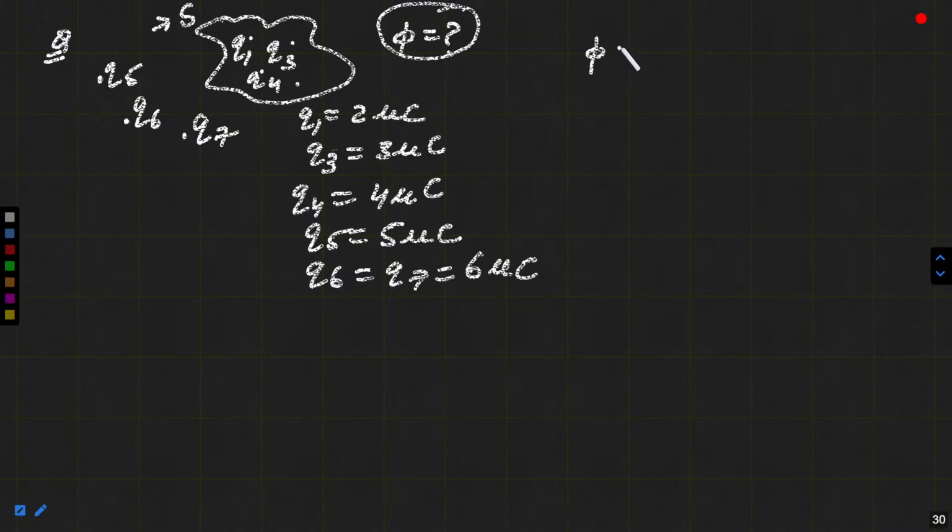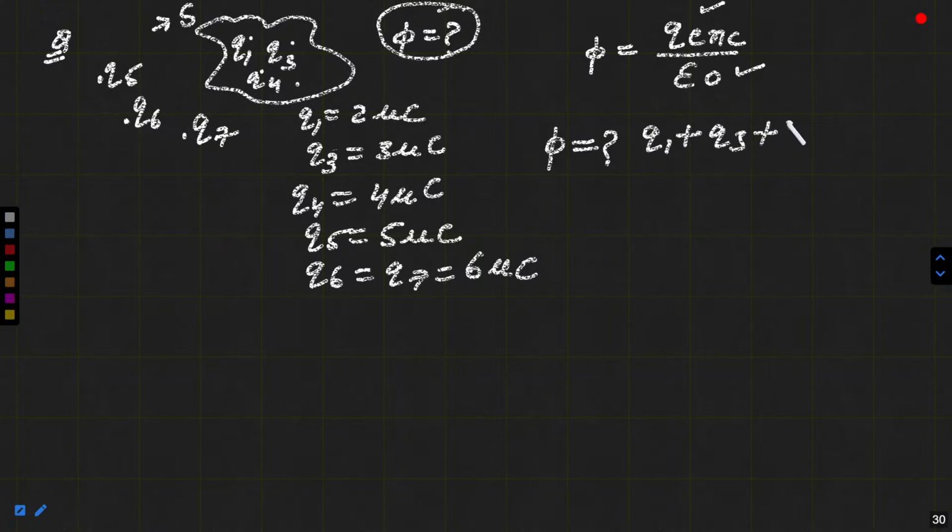Phi is equal to the total charge enclosed by the closed surface divided by epsilon naught. So just substitute the values of Q and epsilon naught and find the value of phi. Is this an easy question or not? So it is Q1 plus Q3 plus Q4 divided by epsilon naught. Just substitute and you will get the correct answer.